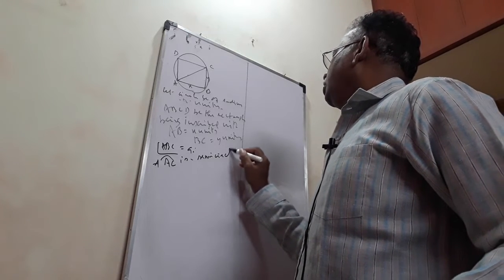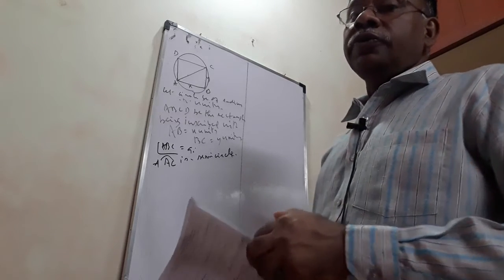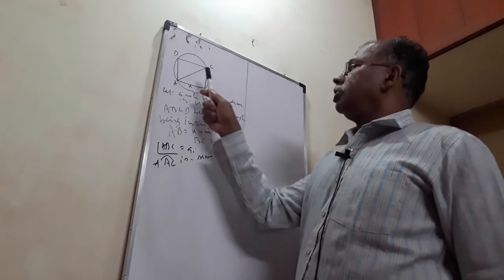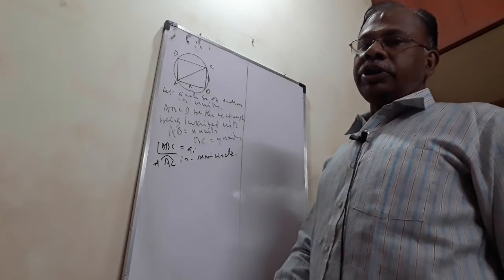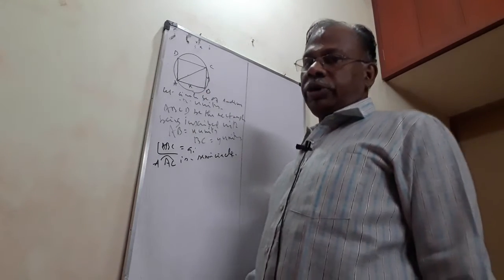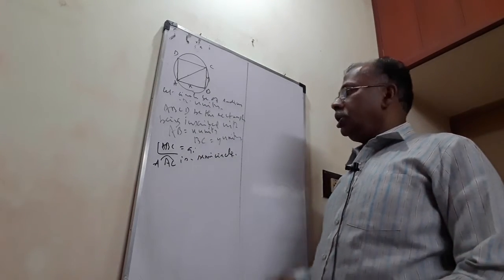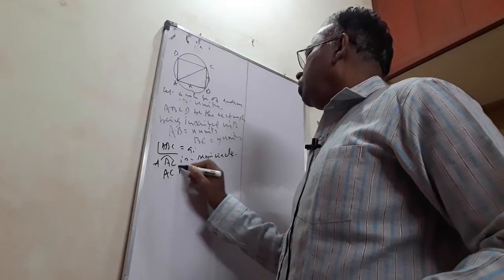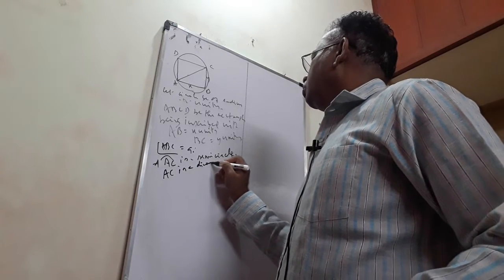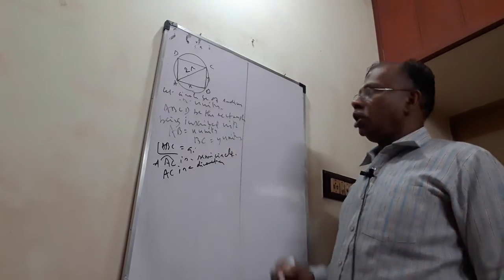You might have seen in 10th standard, angle in a semicircle is 90 degrees, and the converse of which, if an arc subtends an angle of 90 degrees in the alternate segment, then the arc will be a semicircle. Using which this becomes a semicircle. Therefore, AC is a diameter. Therefore, this length is nothing but 2r.